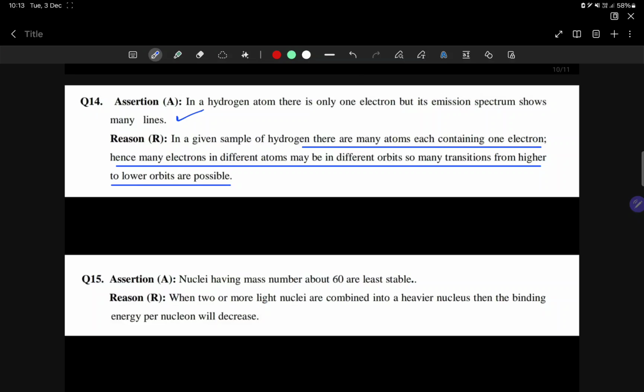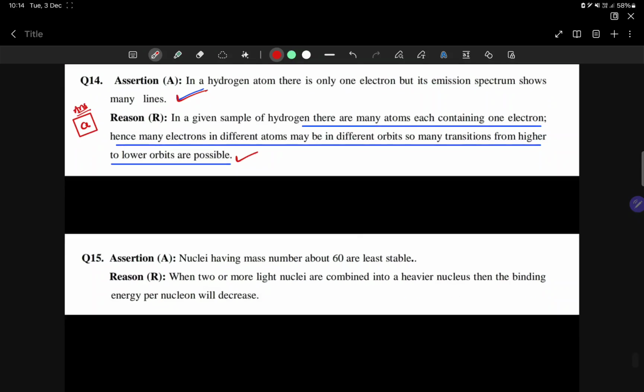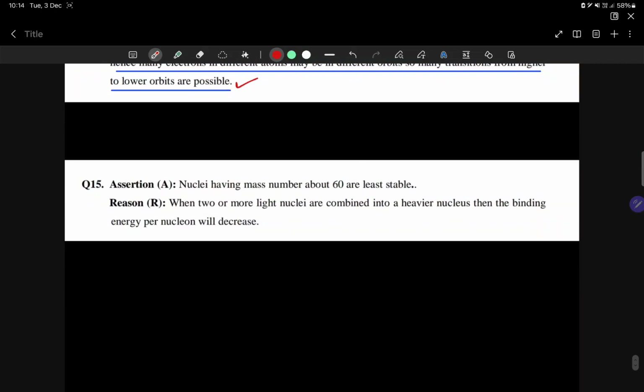When in one hydrogen atom the electron is in the third orbit, transition can take place from 3 to 2, 3 to 1, but when it is in the fifth orbit, fifth to 1 or fifth to 2, like this. So both A and R are true, and R is the correct explanation of A. So option A is our right answer.